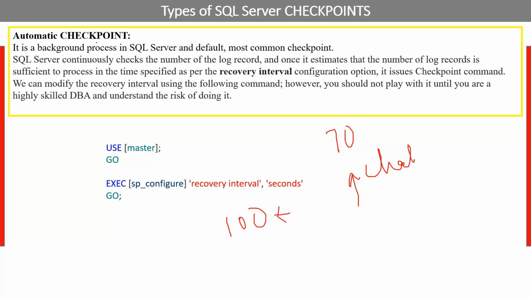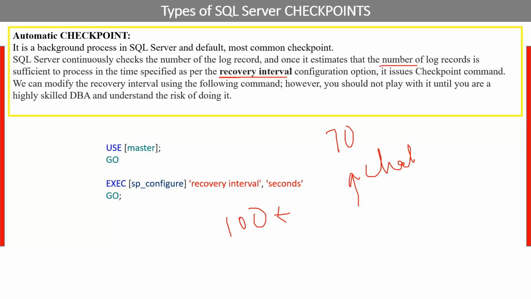How will the automatic checkpoint trigger? SQL Server continuously checks the number of log records, and once it estimates that the number of log records is sufficient to process, it will also check your interval time, whatever time you set.